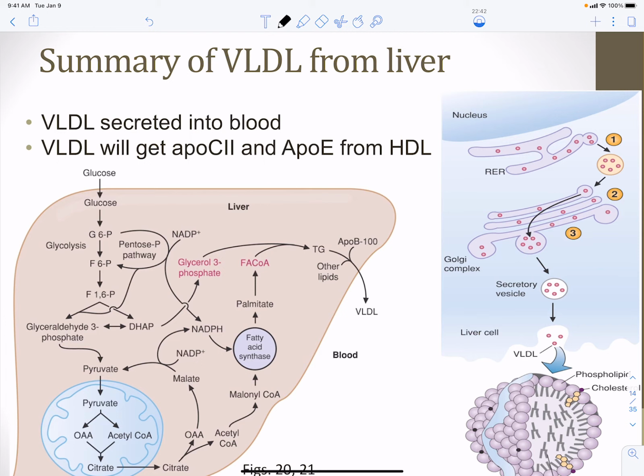So basically, your very low density lipoproteins are released from the liver, and in the blood, it will interact with the high density lipoprotein particle, and it will transfer to your C2, as well as your ApoE proteins. So those both come from your high density lipoprotein, similar to your chylomicron. So now it becomes a fully matured, very low density lipoprotein particle.